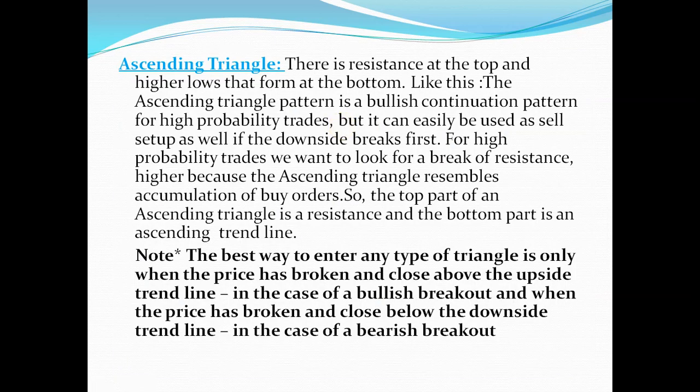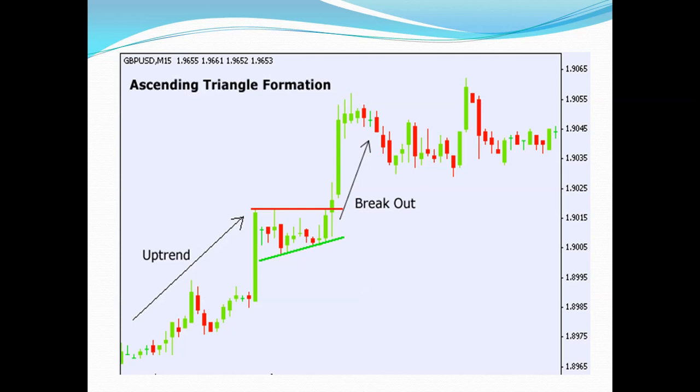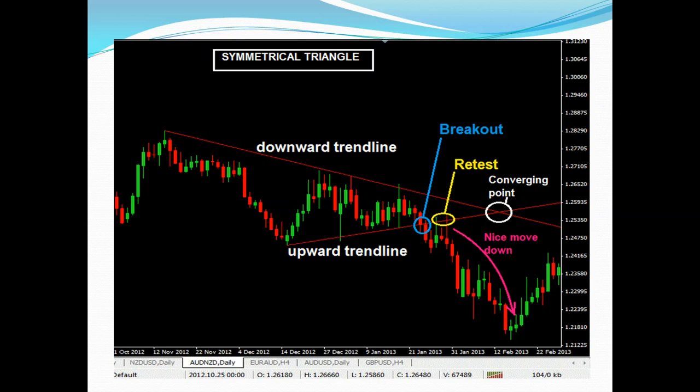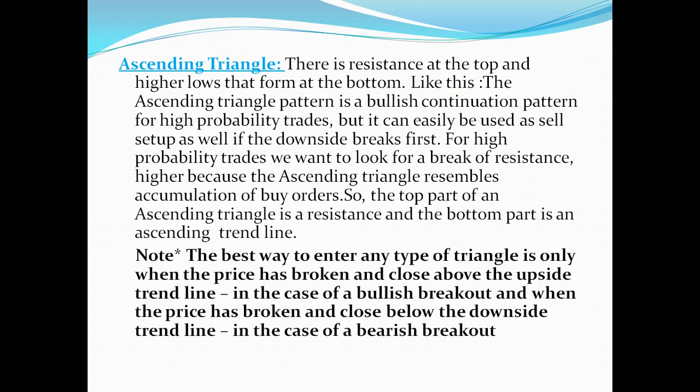So you face a resistance at this point, and before the breakout point, it is going to break out in an upward direction. So there is a resistance at the top and higher lows that form at the bottom.